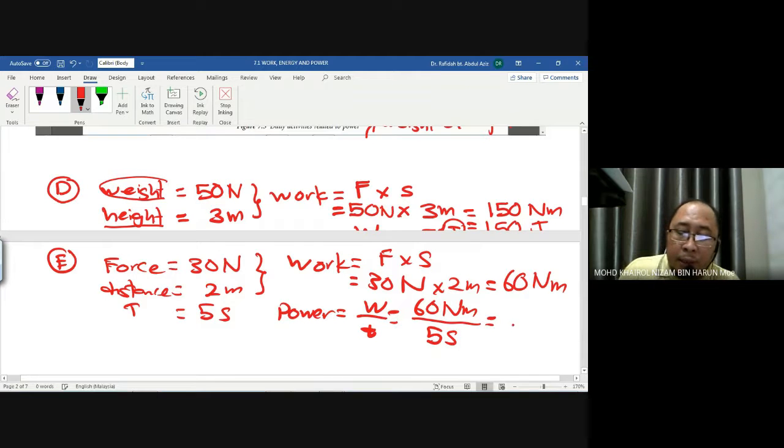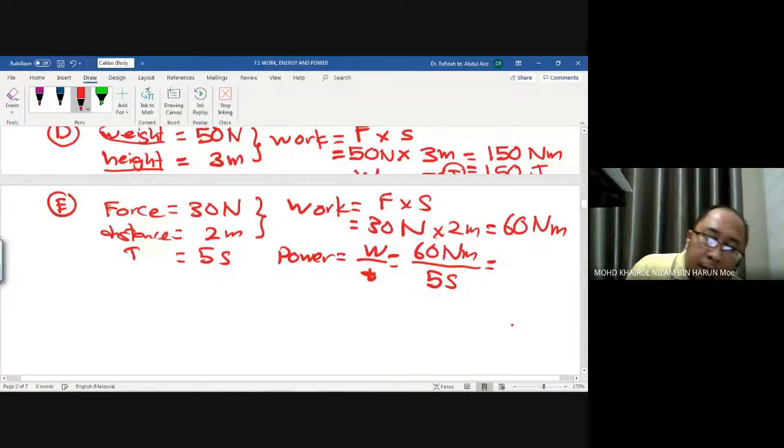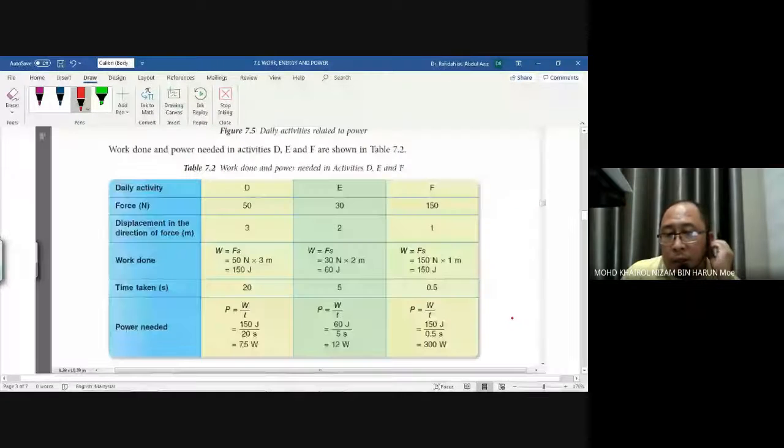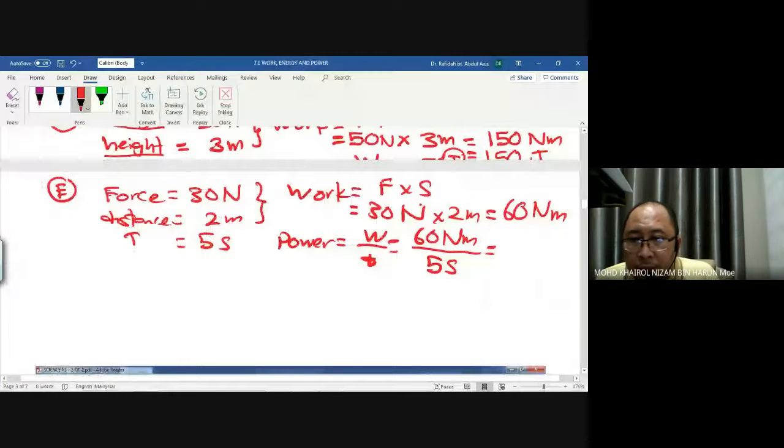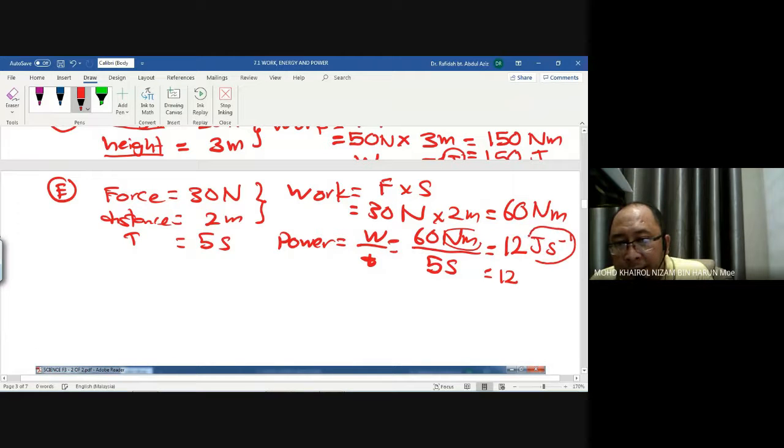So from here we will get 12 joule per second. Newton meter per second, or joule per second. 12 joule per second is equal to watt.